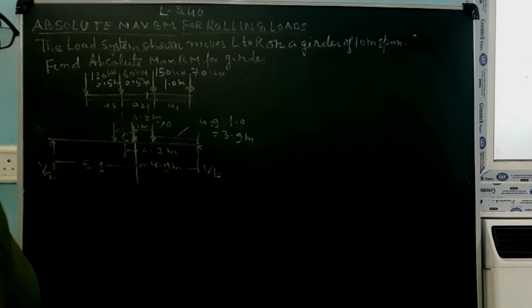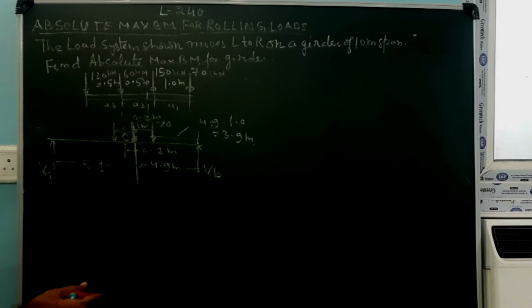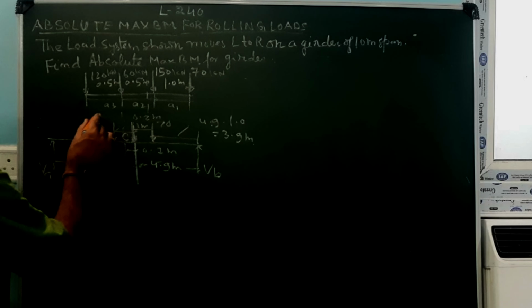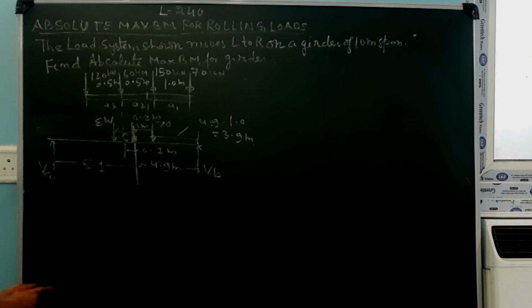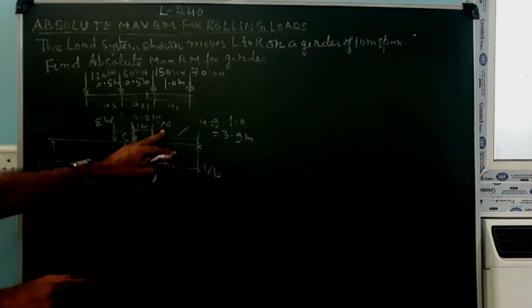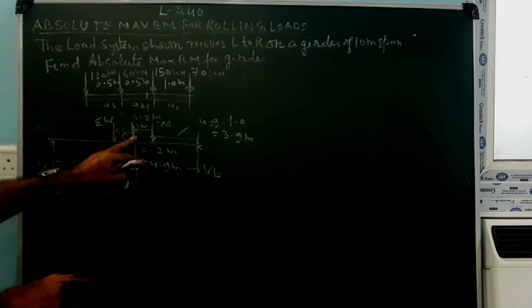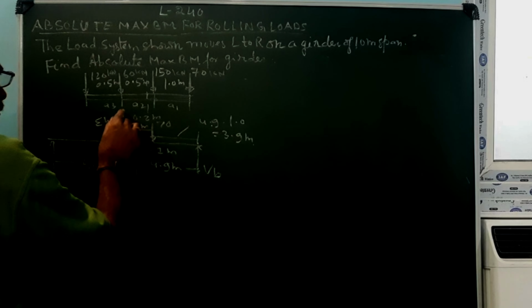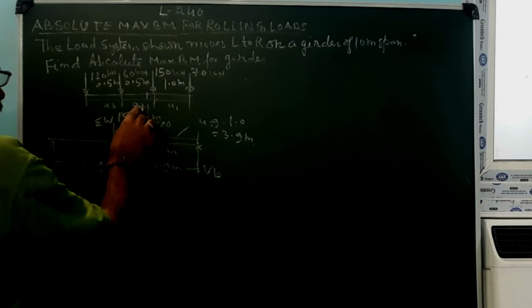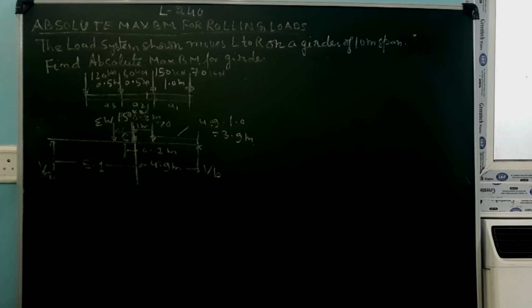Here we are taking summation W, this is the 70 kilonewton load, and this is your 150 kilonewton load. So let us find out the BA and BB.